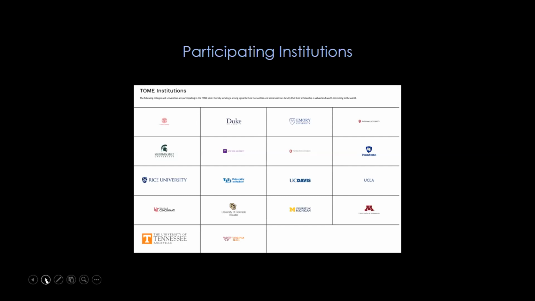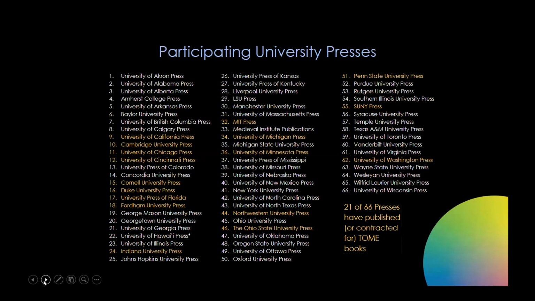And then the next slide will show you the participating university presses, and we have 66 of those. Most are US based, but we have some in Canada and in England as well. And thus far, 21 of those presses have published or contracted for Tome books. And that number may have increased since I prepared this slide a few weeks ago.